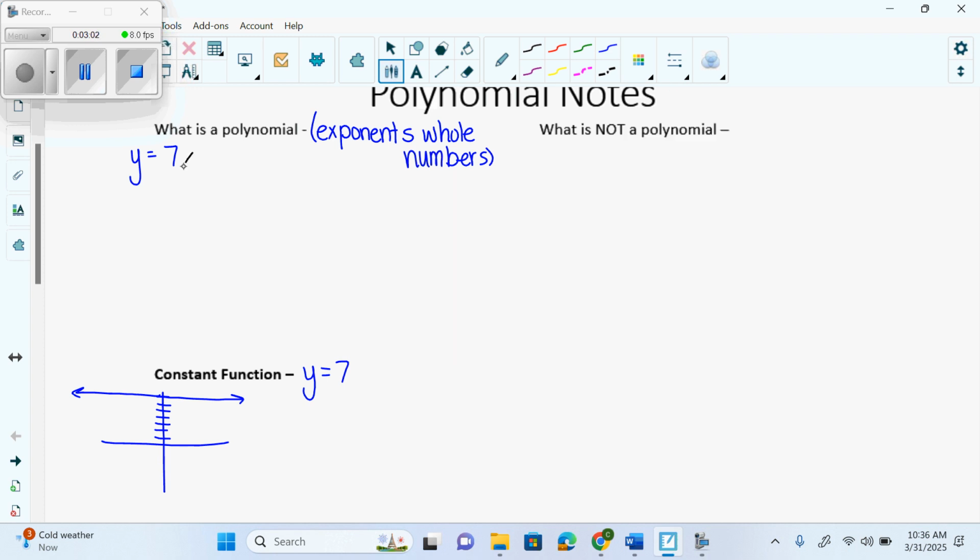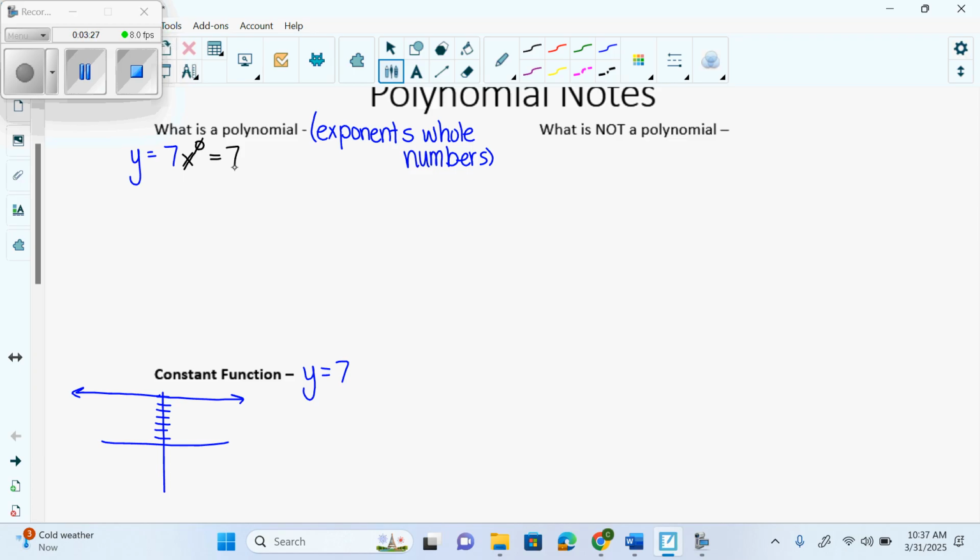You just don't know it. It's an x to the 0. What is anything to the power of 0? Nope. Everyone else says 0. Anything to the power of 0 is 1. In grade 10 common, you're taught that. You're also taught it younger than that, too. But x to the power of 0 is 1, so it goes away, and that's why we end up with just a 7. Do you see that?